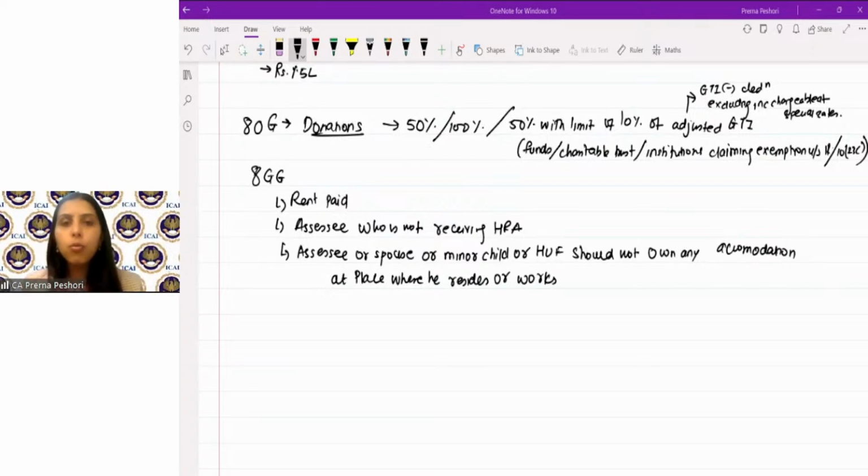Even if he owns an accommodation at any place which is not near to his house or place of work, then that particular place should not be occupied by him.